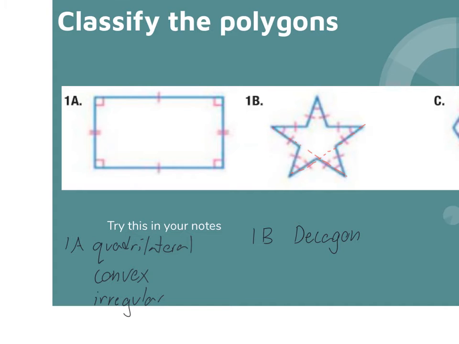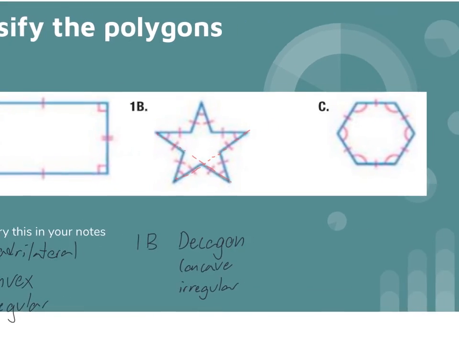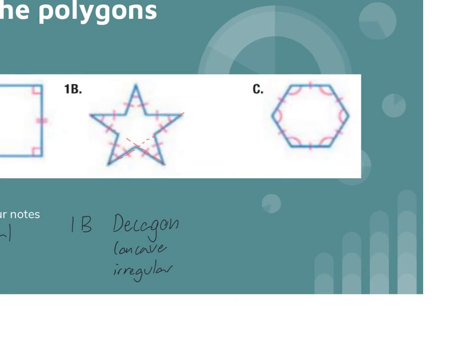So it is concave. And it is also irregular, because we have angles that are not the same. Last, we have a hexagon.